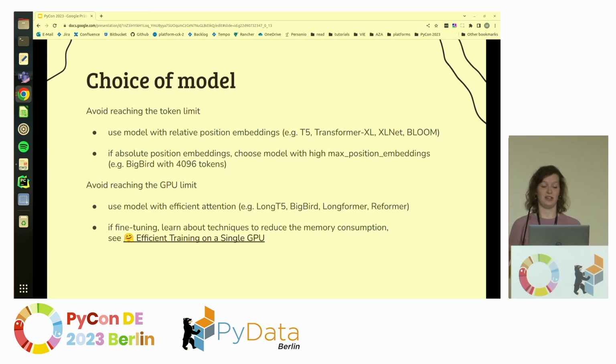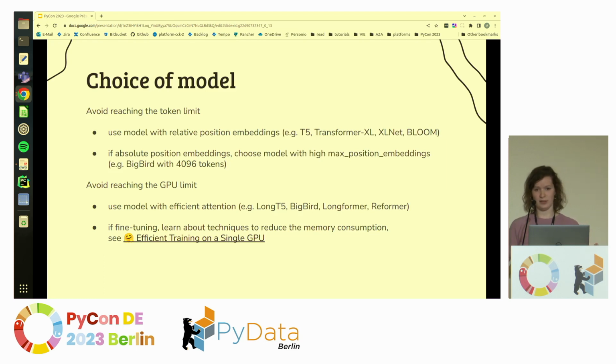The other limitation, the GPU memory limitation, for that I would recommend you to use models with efficient attention. Examples for that are LongT5, BigBird, Longformer, Reformer, and many more. The nice part about LongT5 and BigBird is that they help you on both fronts, with the token limit and with the GPU limit.